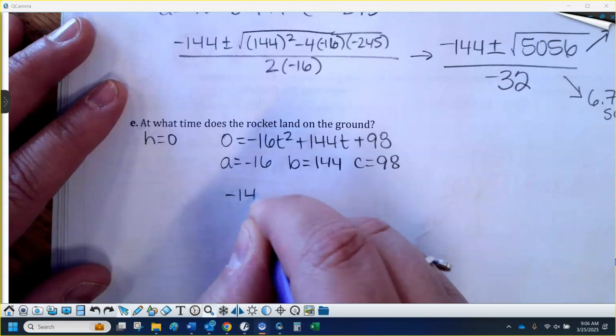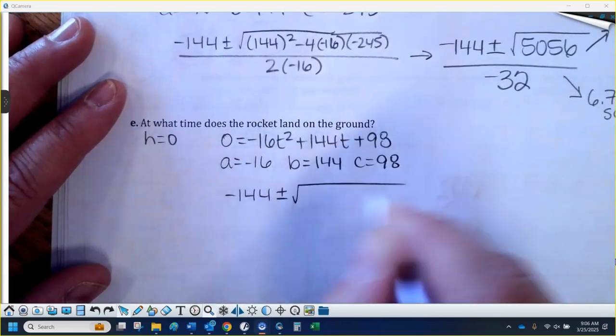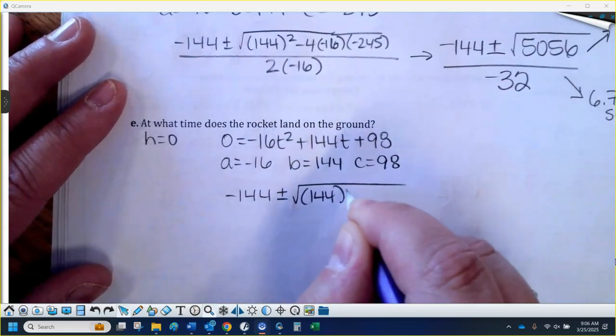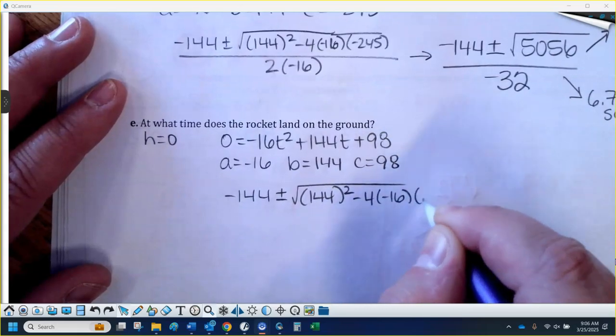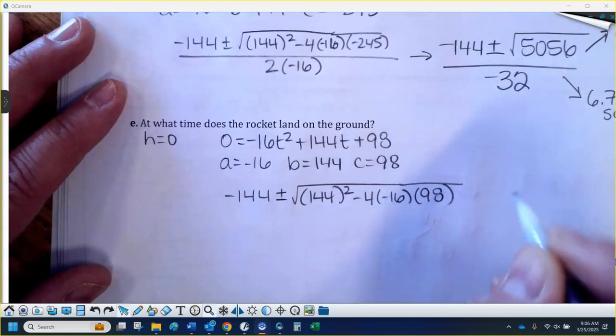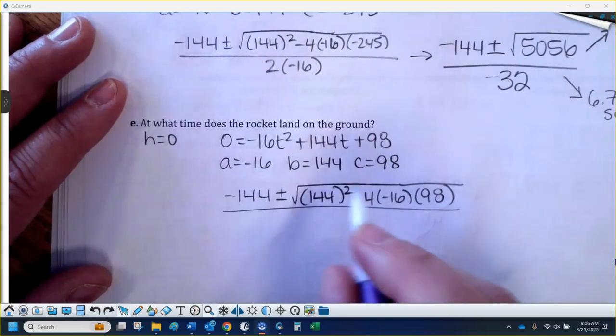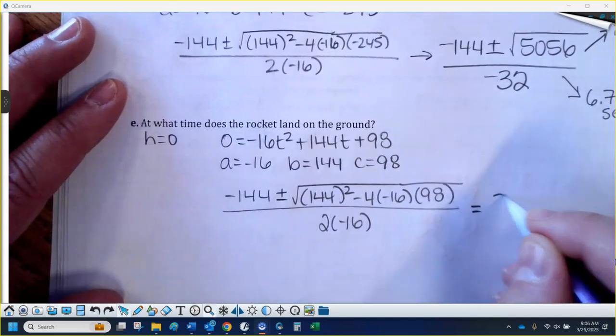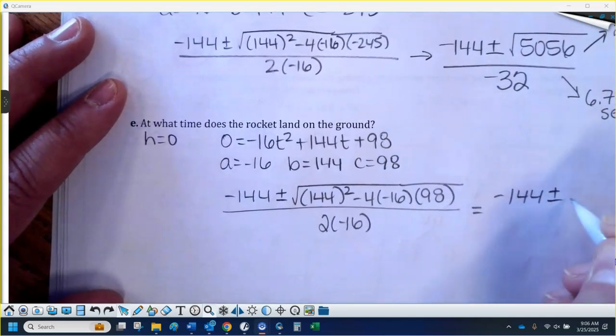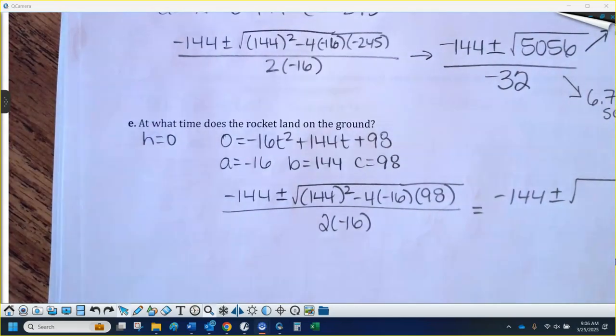All right, so I'm going to do negative 144 plus or minus the square root. Again, this will probably be a huge number. 144 squared minus 4 times negative 16 times 98. Don't think you're doing anything wrong. We're going to get a huge number under here. And then 2 times negative 16. And then just do me one favor before you start trying to use the calculator to take square roots or anything.